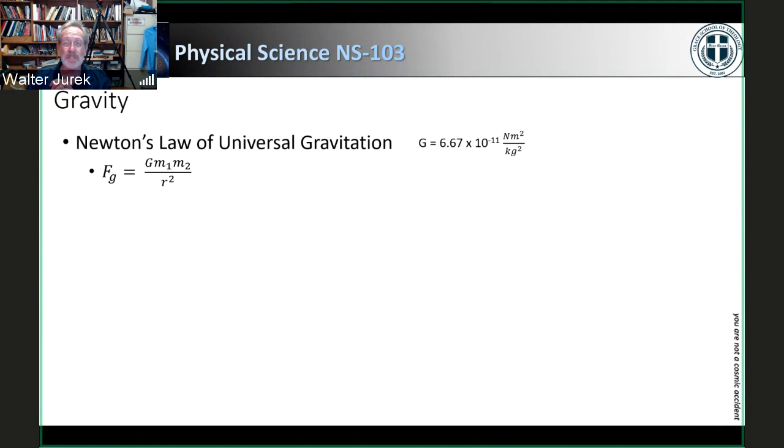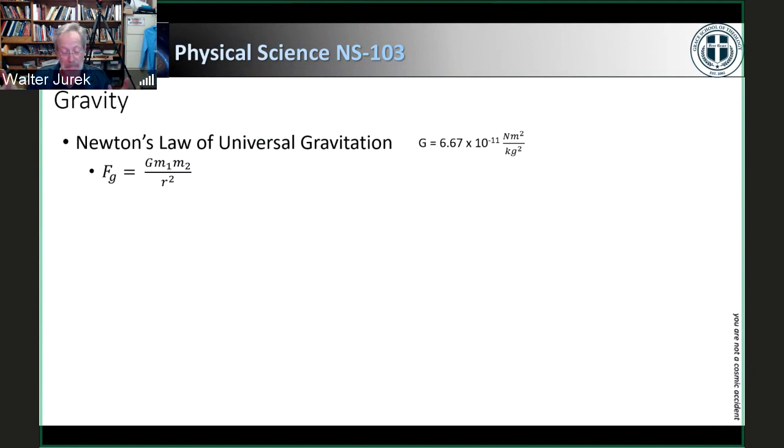This equation represents Newton's law of universal gravitation. Let me walk you through this. F is for force, and little g as a subscript is the gravity. It's equal to big G, which is called the universal gravitational constant, and I've shown you the number there. It's just a number. You take that number and multiply it by the mass of one thing times the mass of the other.